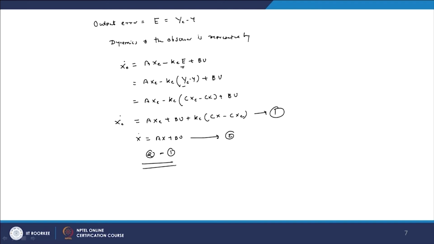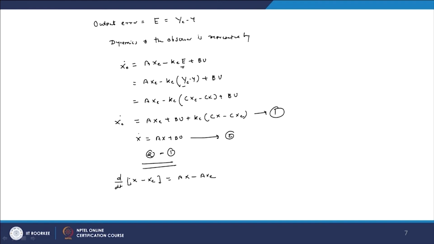So the differentiation of x minus xc is equal to ax minus a xc.